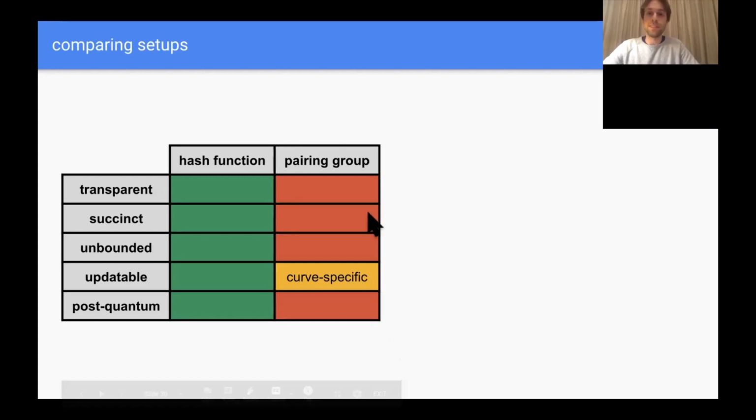But as we'll see, the pairing groups from a quantitative standpoint are amazing, and hash functions from a quantitative standpoint are kind of meh. So it's kind of a yin and yang. It's a trade-off space here. So it depends on what you care about. Do you care more about purism and long-term thinking, or do you care about a very, very pragmatic, I want to get stuff done today kind of attitude?